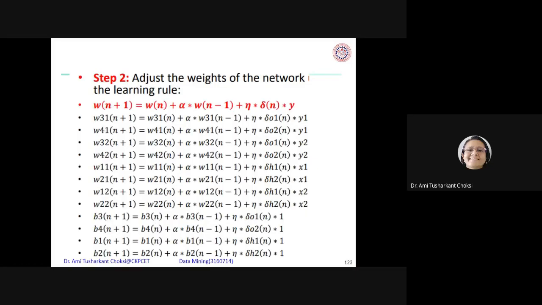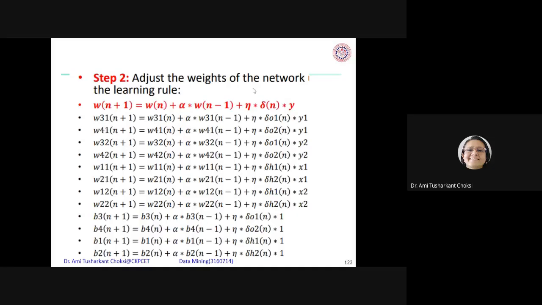Now, adjust the weights of the network by learning rule. What is that? That is W(n+1) is equal to W(n) plus alpha into W(n) minus W(n-1) plus eta into delta n multiplied by y. So we need to apply that.